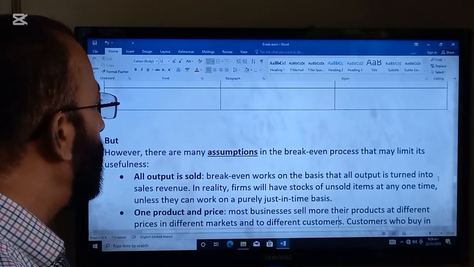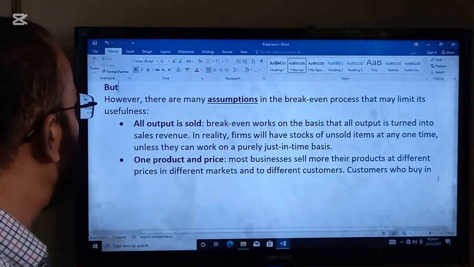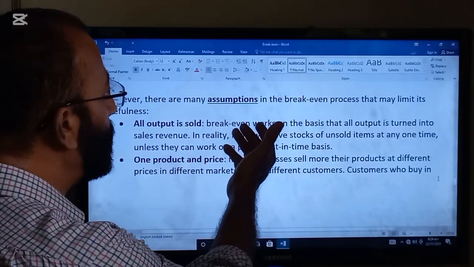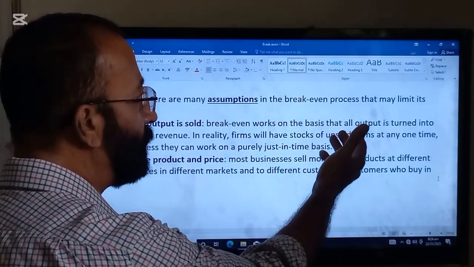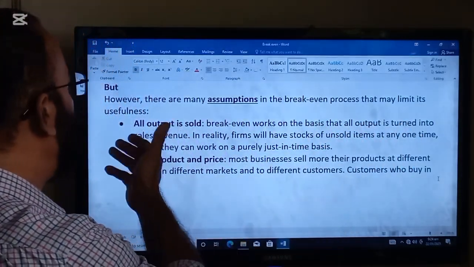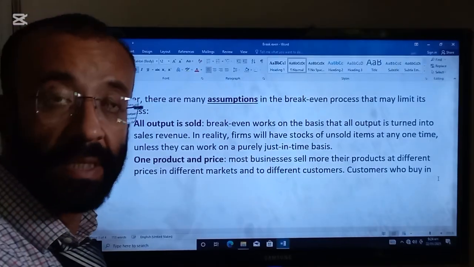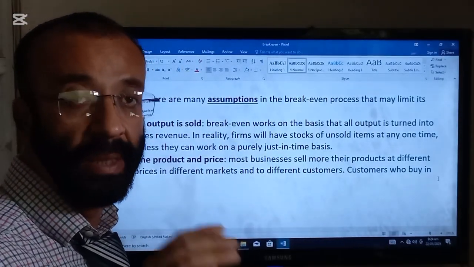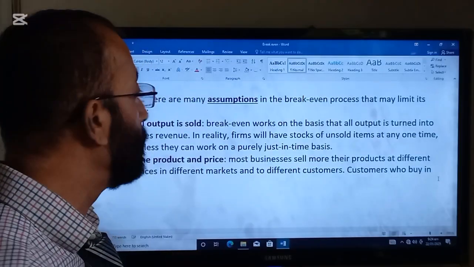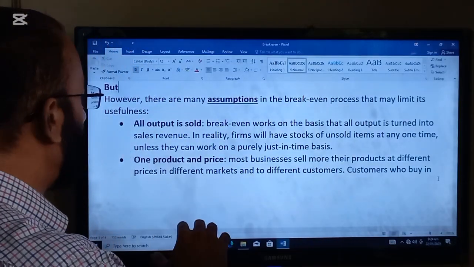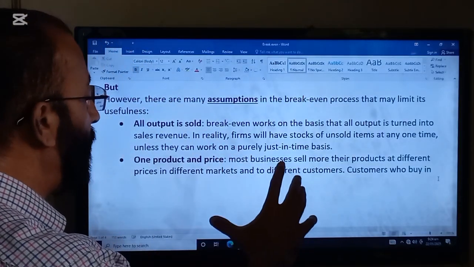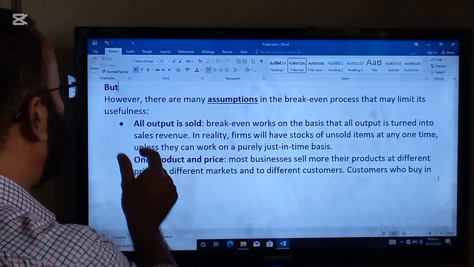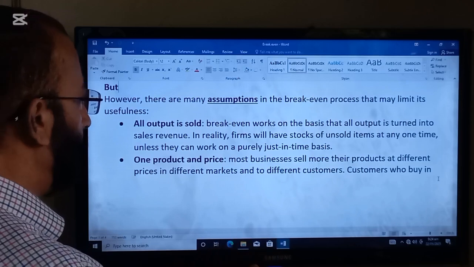Okay, but there are some disadvantages of the break-even chart. However, there are many assumptions in the break-even process that may limit its usefulness. This is another very important topic that frequently comes in the paper. First assumption about the break-even chart when we make it is all output is sold.